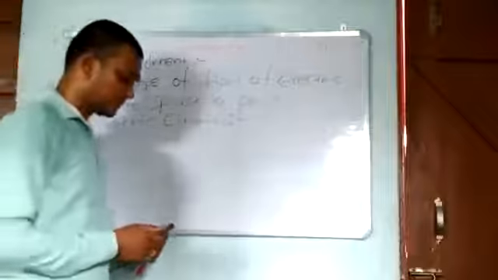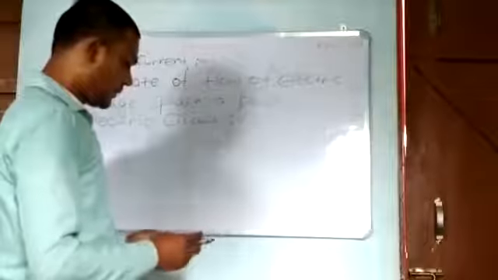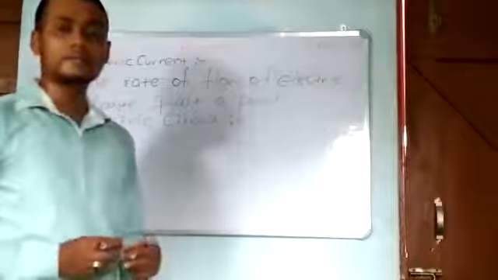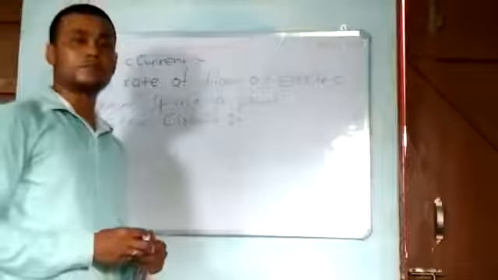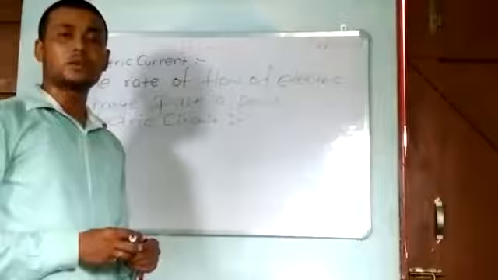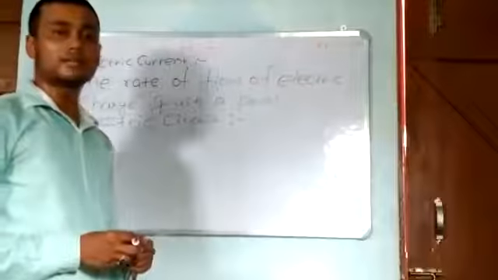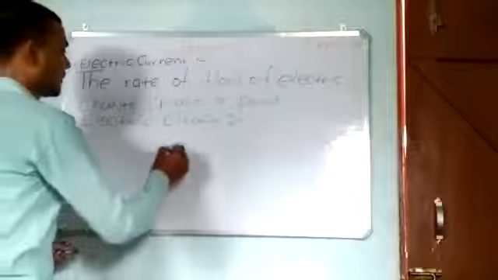Next topic is how we represent an electric circuit on paper with the help of pictures of some electronic components.